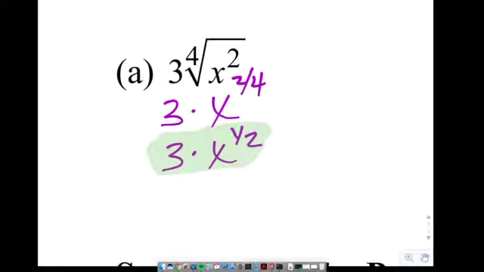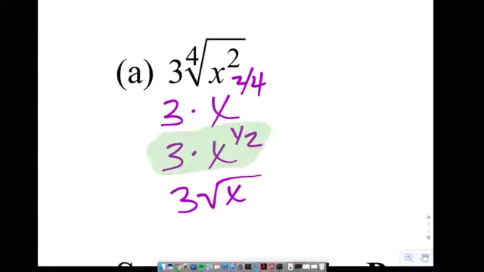So pretty much it's customary that if the problem starts out in radical form, the final answer is going to be in radical form as well. But if you go on to take calculus, we prefer our answers to have a coefficient, which is the number in front of the variable, and then the variable raised to some power. It's just easier to work with. So let's go ahead and put this back into radical form. It's going to be 3 times the square root of x.